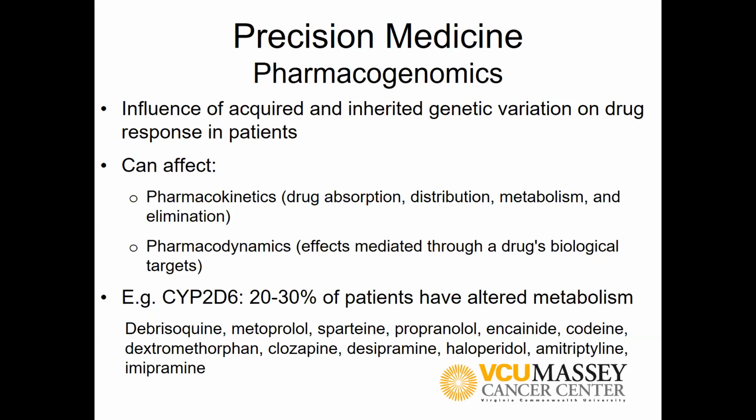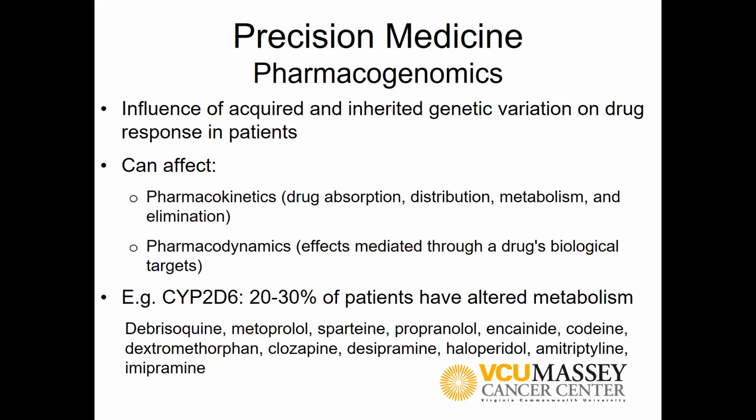One example is the CYP2D6 gene. If it has a specific variant, it affects about 20-30% of patients, who would have altered metabolism for different drugs, and you would see very common drugs here, codeine, for example.